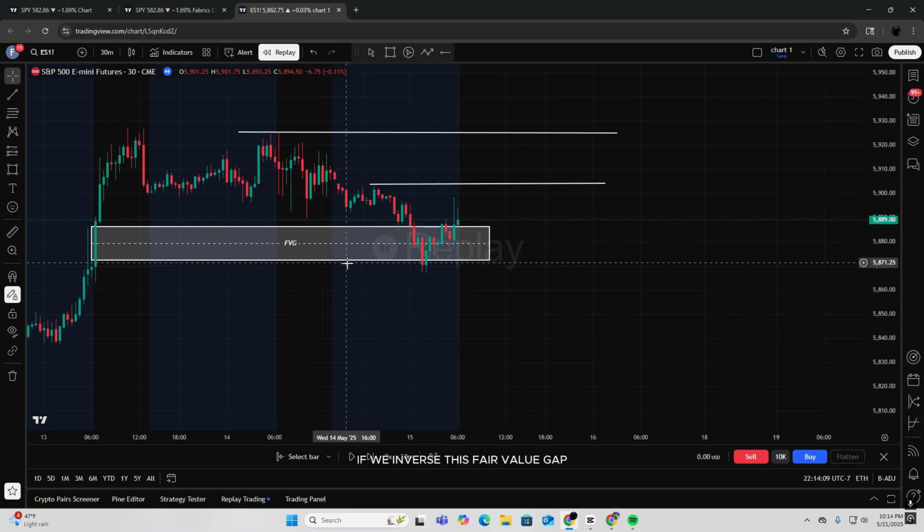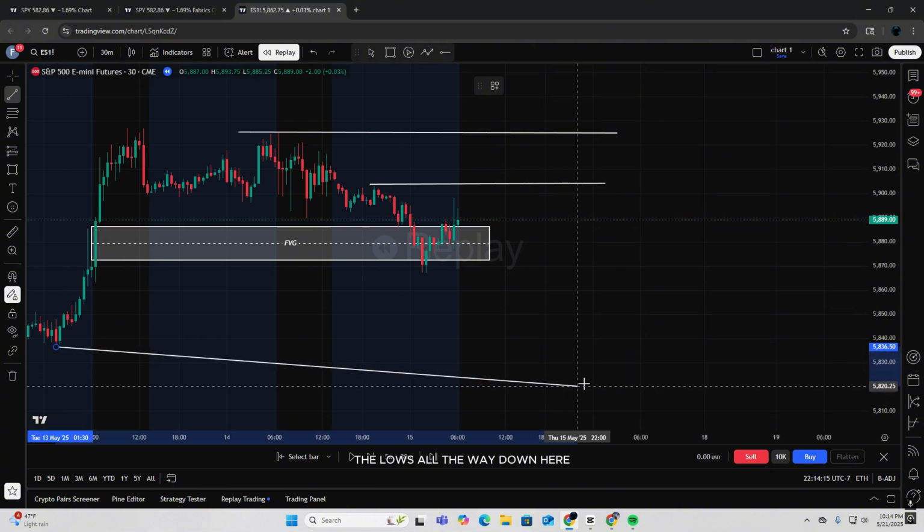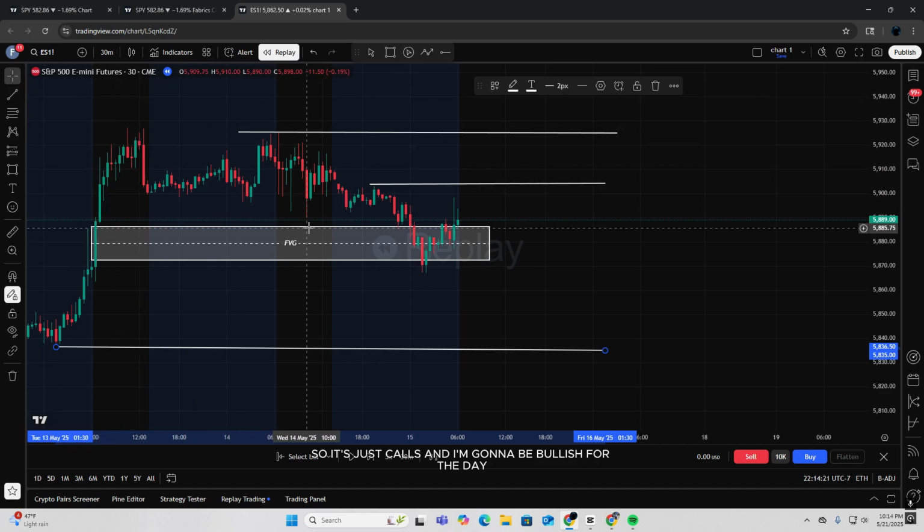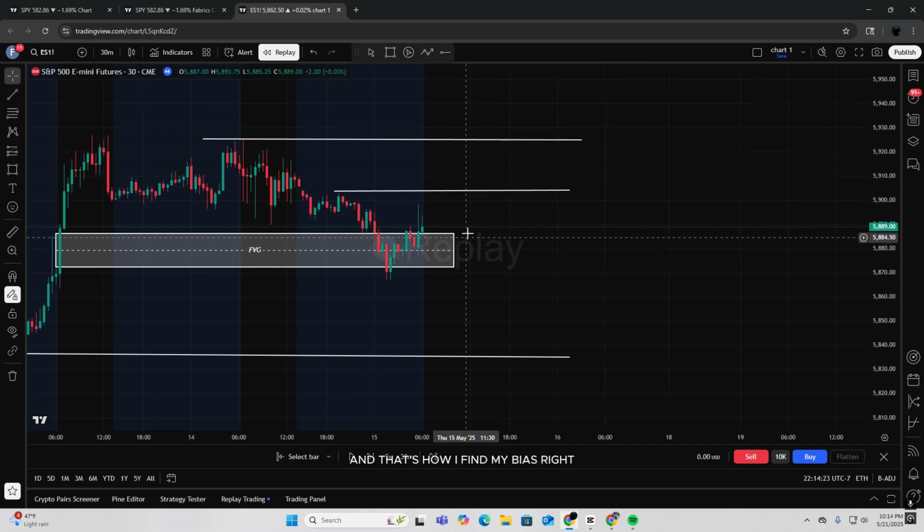However, if we inverse this fair value gap and see confirmation that we're possibly going to take the lows all the way down here, then we're going to place puts, right? But as of right now, we're supporting it, so it's just calls, and I'm going to be bullish for the day, and that's how I find my bias, right?